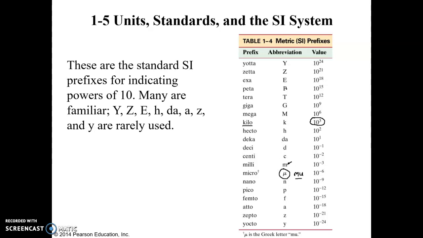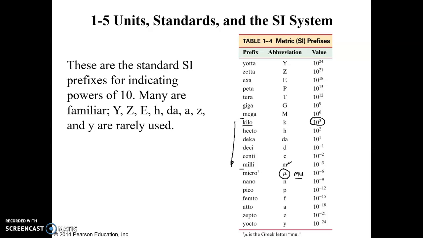We can use these prefixes in place of having to say all the time what these values of 10 to the whatever powers are. The ones that we use mostly are going to be towards the center of this list, between here.